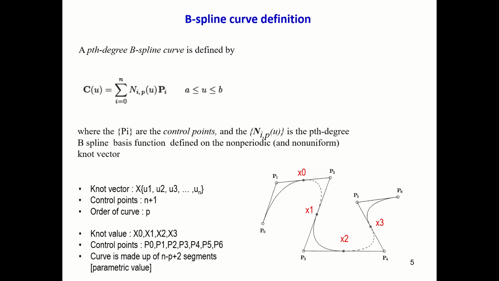Here for the following example we have the knot values u0, u1, u2 and u3, and the control points for this are P0, P1, P2, P3, P4, P5 and P6. This curve is made up of n minus p plus 2 segments.